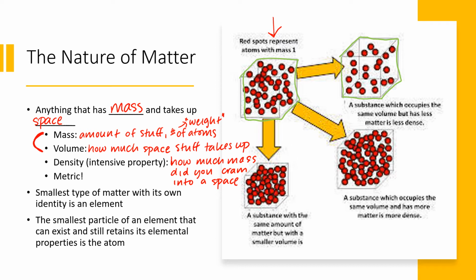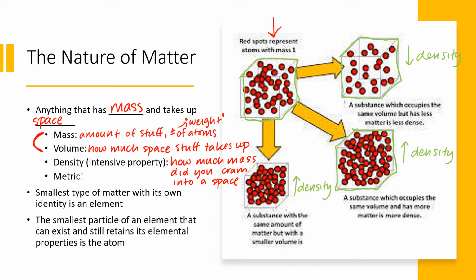If you put more stuff into that space, the density is higher. The stuff is more tightly packed. And similarly, if you pack the same amount of stuff as the first example into a smaller space, the density will also increase.